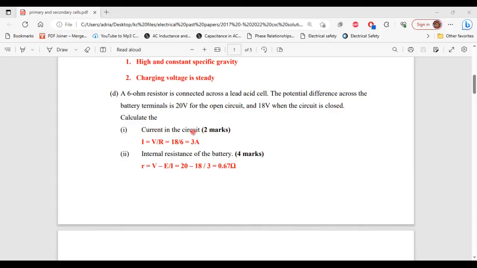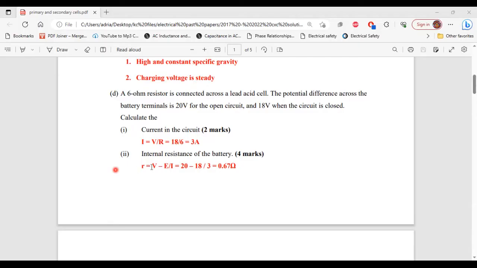In order to calculate the current, we have to use the closed circuit voltage, because the only time current can flow is when a load is connected to the circuit. So current is equal to voltage divided by the resistance, that is 18 volts divided by 6 ohm, which will give us 3 ampere. All right, so that's it for part 1 of D.